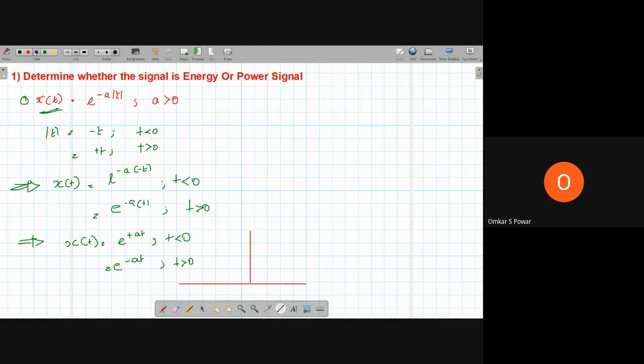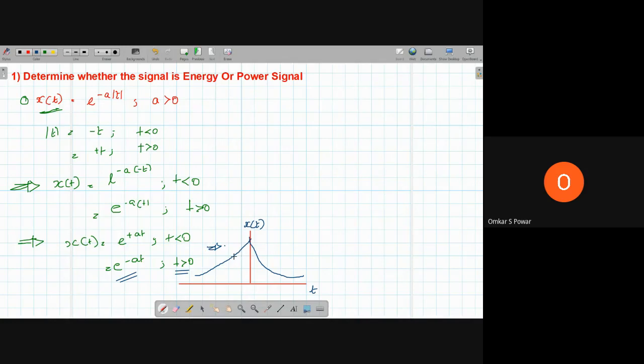For t greater than 0, e power minus at: if this is x of t and this is t, e power minus at is exponentially decreasing for t greater than 0. For t less than 0, e power plus at. If you want to draw and visualize it, it will be like this.